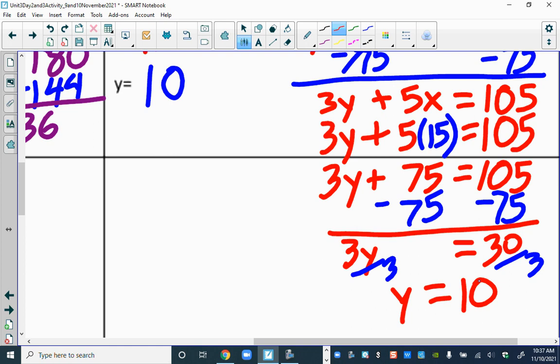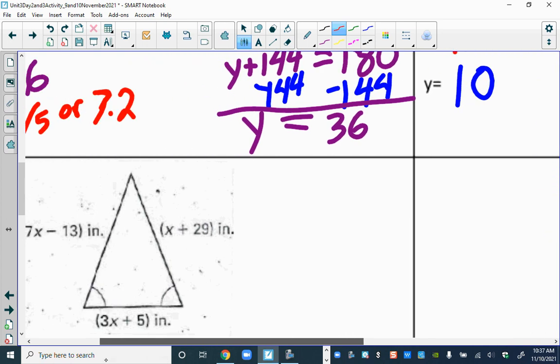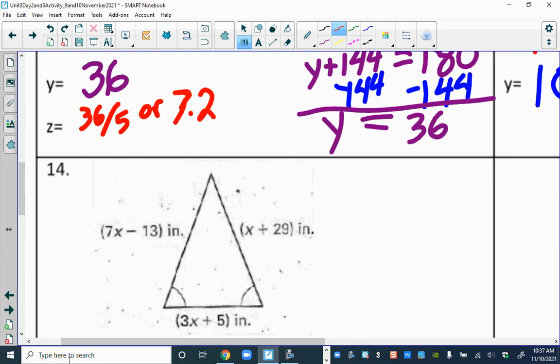All right. Last one that we're going to talk about, 14. Basically, we're just going to talk about quick notes. I'm just going to tell you the quick setup.